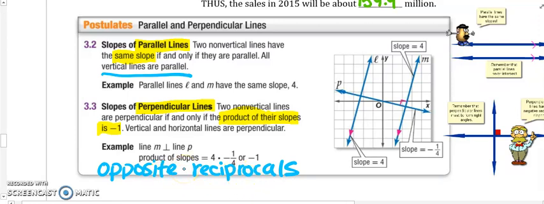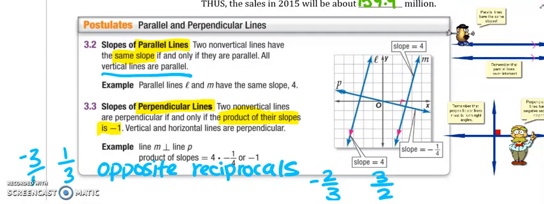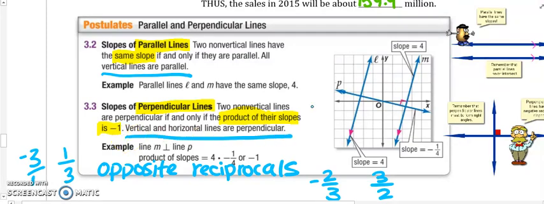So like -2/3, the opposite reciprocal would be flip it and make it negative, so 3/2. Or -3, if I flip it, I get 1/3, then make it positive. So opposite reciprocals. And then this part's important as well: vertical and horizontal lines are always perpendicular, like that.